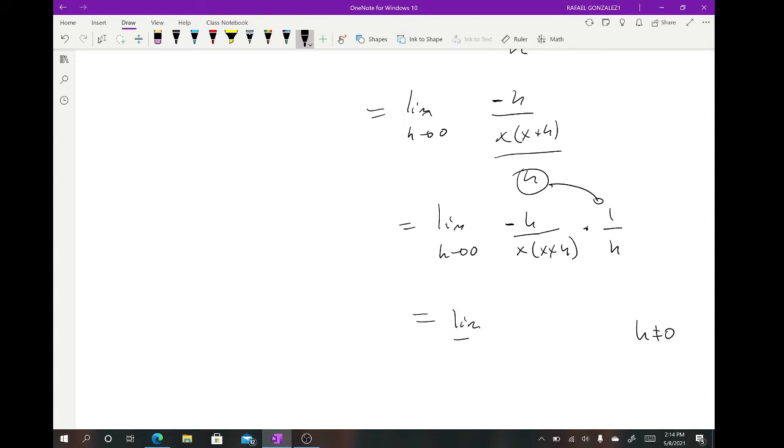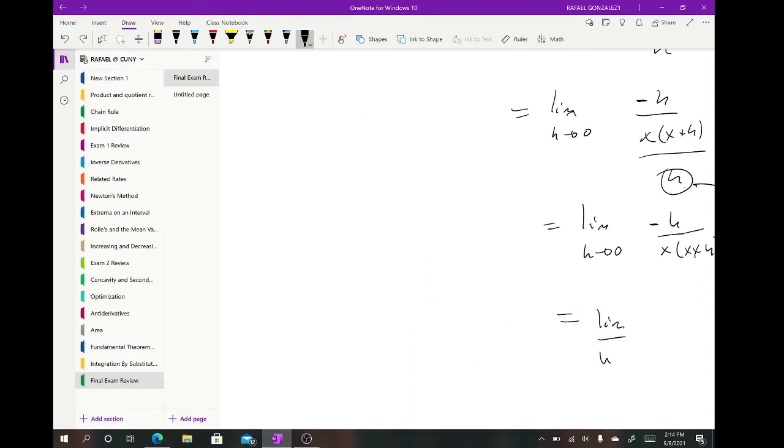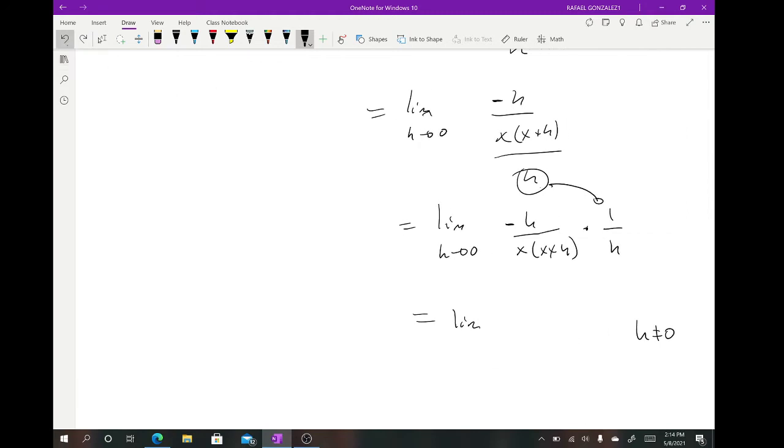So we have the limit as h goes to 0 of negative 1 over x squared plus xh. I'm just going to multiply through now, distributing the x.